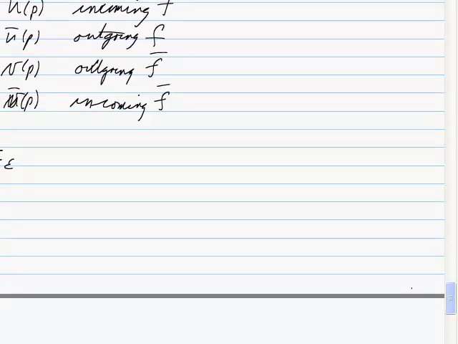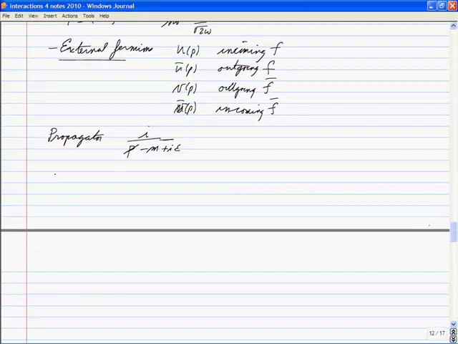Okay. There's an oddball rule. So this guy is unusual. This is minus 1 for closed fermion loop.